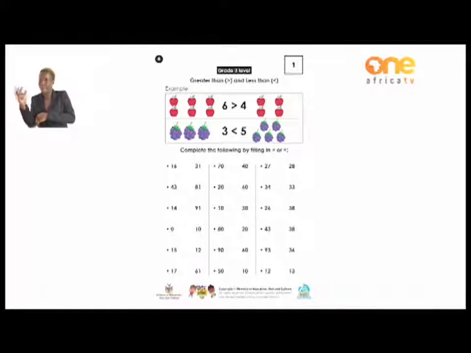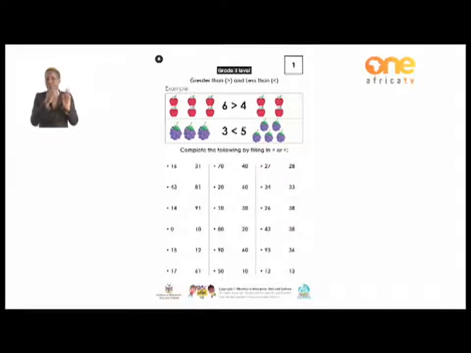Which one do you think is greater? Yes, of course, 5 is greater than 3. So which means 3 grapes are less than the 5 grapes. All right. The same rule applies whenever we look at numbers as well.